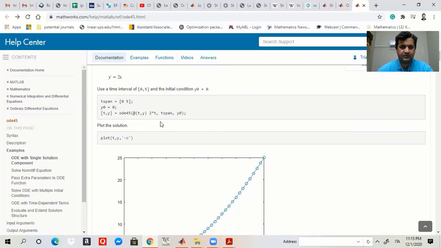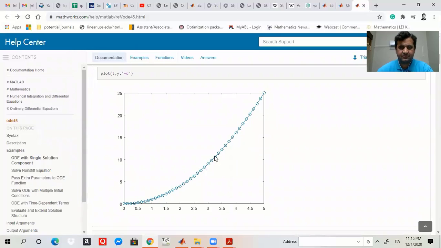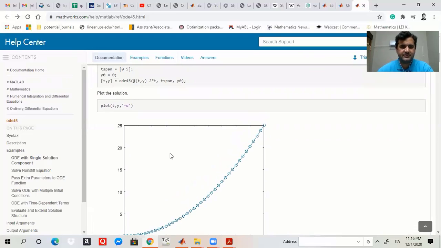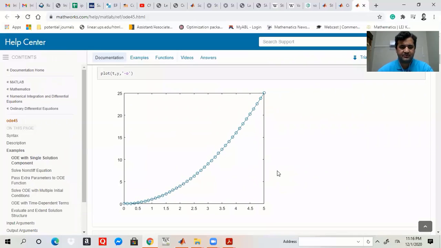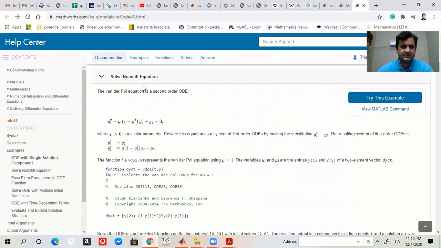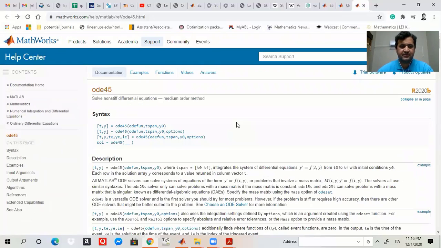If you write down this Matlab syntax and call it, you will see that you get this kind of solution. So the behavior of the solution of this differential equation is this. It seems that it's maybe an exponential function. And of course there is a lot of detail about the non-stiffness, and so on and so forth, so I'm not going to go in that particular direction.